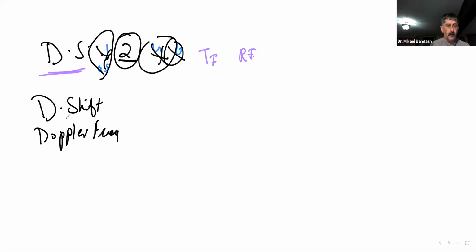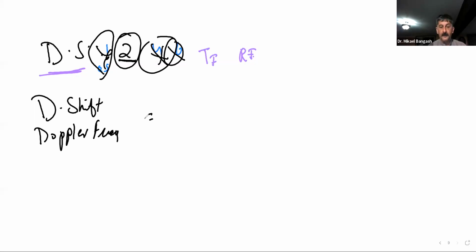But the reason they call it a Doppler shift is mainly because it was a shift in the frequency, a change in the frequency. Clear?